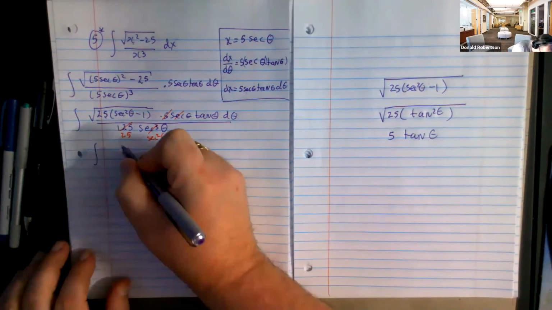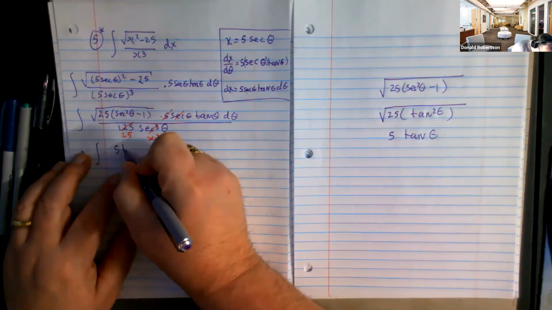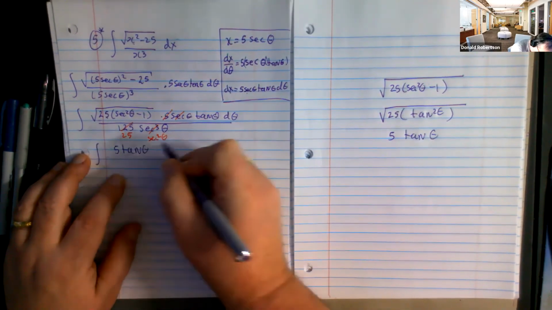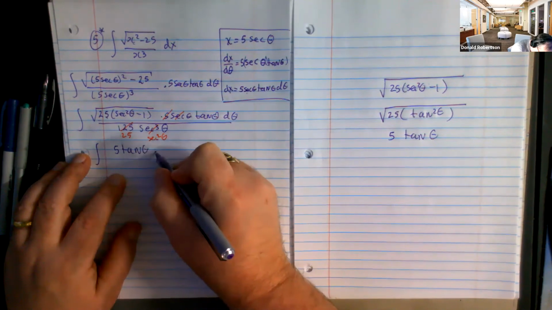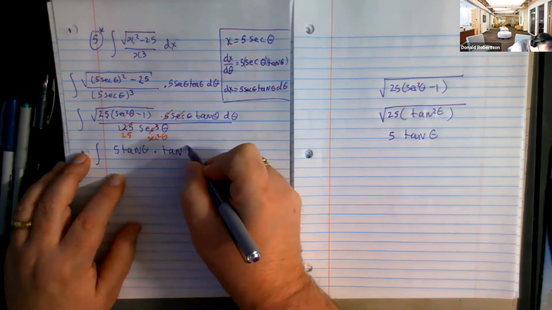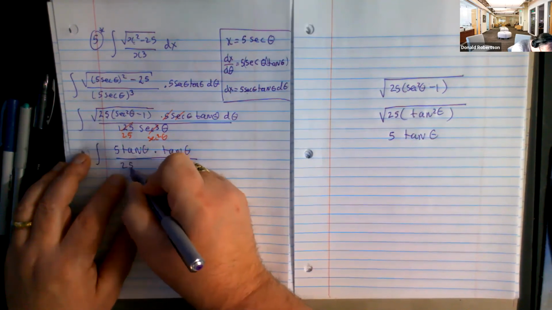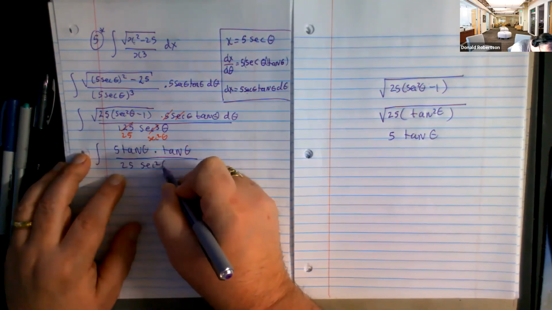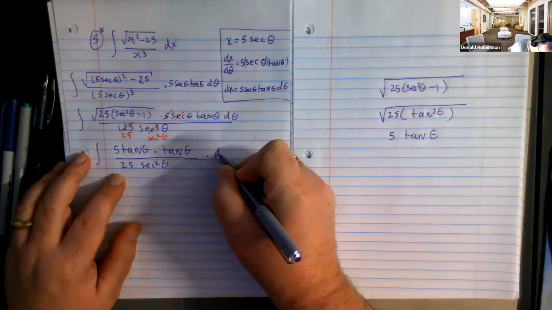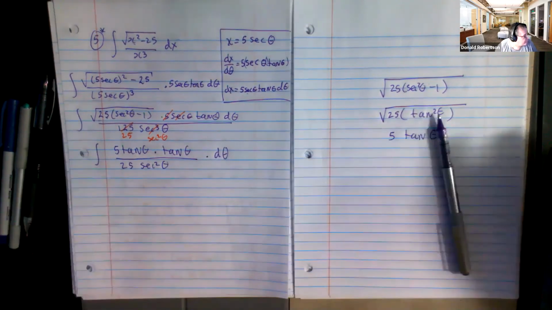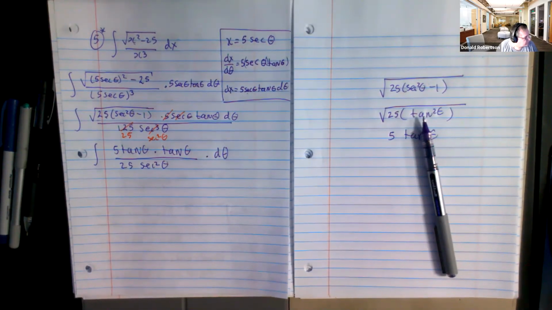So on my next line, I'm going to have 5 tan theta, gone and gone, another tan theta. And on the bottom, I'm going to have 25 secant squared theta d theta. So far, so good.